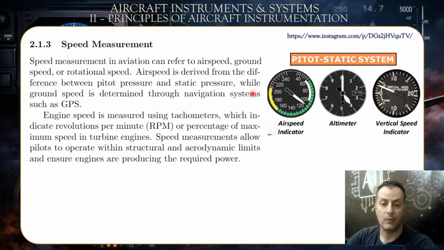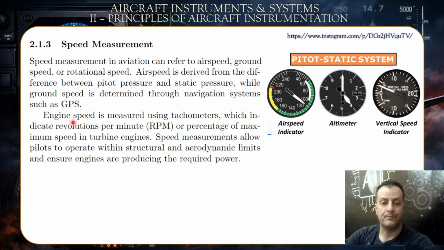So the airspeed is derived from the difference between pitot pressure, which is the pressure of the ram air, and the static pressure, while ground speed is determined through navigation systems such as GPS, global positioning satellite. This is basically how the ground speed indicator works.